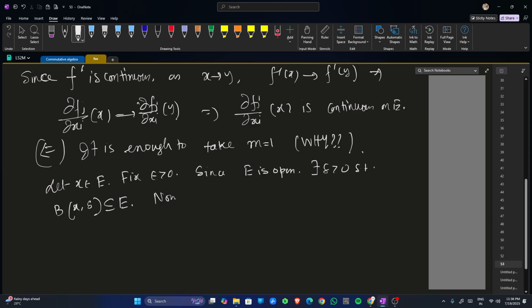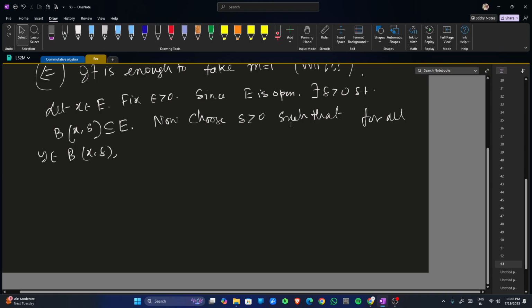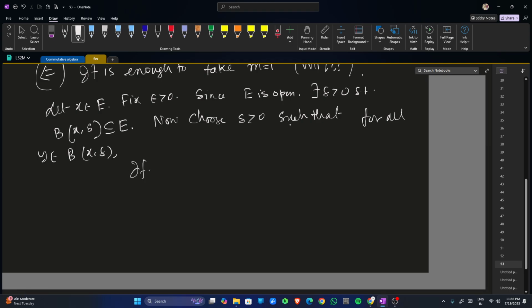Now choose delta greater than 0 such that for all y in B(x, delta) we have the following inequality: the norm of del f del x_i at x minus del f del x_i at y is less than epsilon by n.